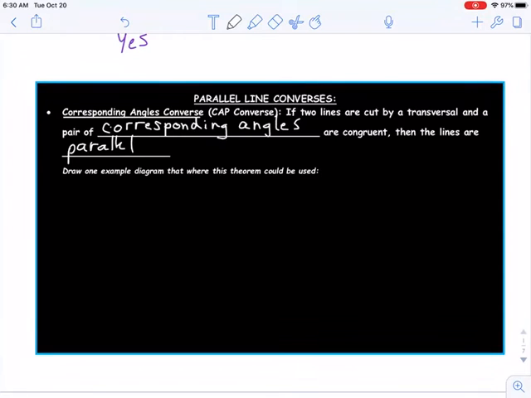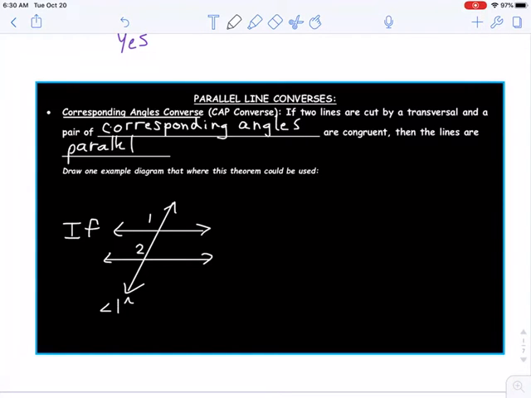Okay, so what does that mean? So let's draw an example. I'm going to call this angle 1 and 2. I'm going to be really creative. So if angle 1 is congruent to angle 2, then we'll call that line A and line B, that's going to force the lines to be parallel.